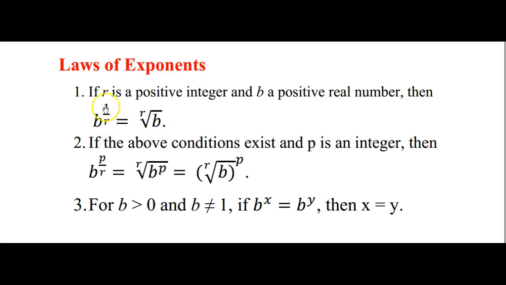The root of any fraction is the denominator, so it is the root also here. That's how I remember that: root is the denominator, the origin, the independent. So, if this holds, then this holds also.